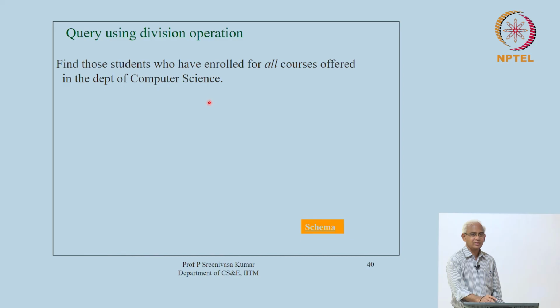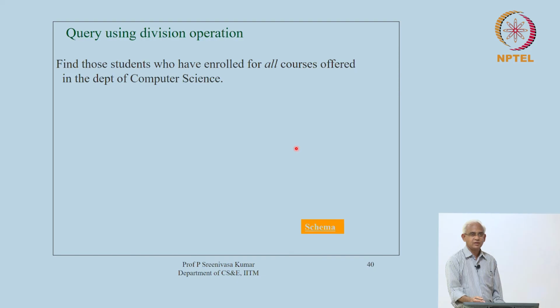So what is it that we are looking for here? This is an apt situation for applying the division operator, because we are looking at the enrollment data, and we are asking for those students who combine with every course in the set of courses offered by the computer science department.